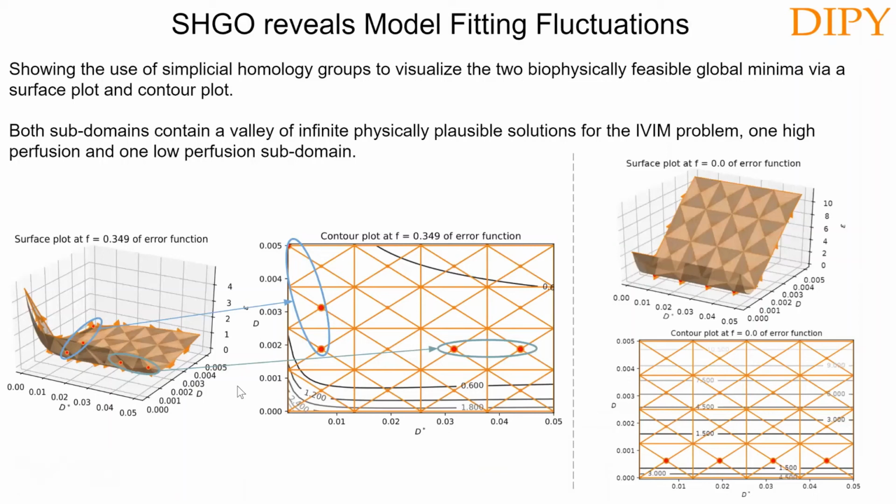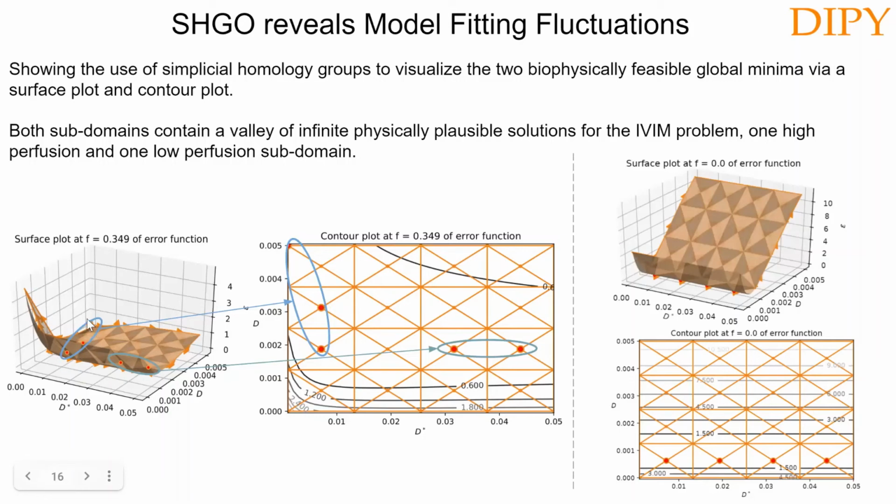Okay, so here is the part where I wanted to show that for the IVIM models, there are bimodal solutions or flat value solutions. For example, on this side of the figure, these are the two minima detected by using SHGO.